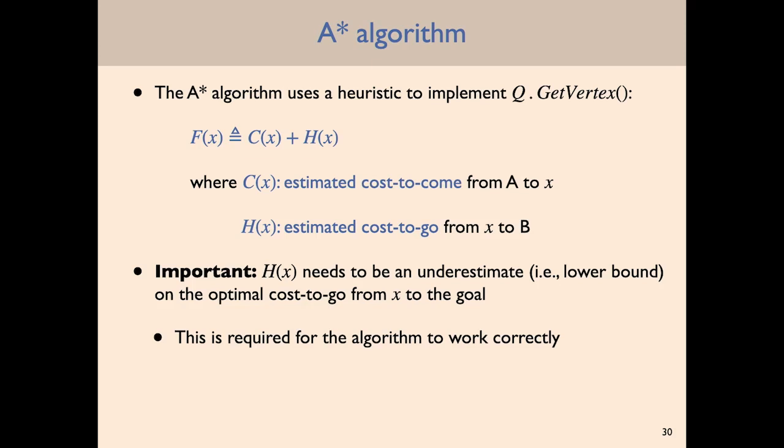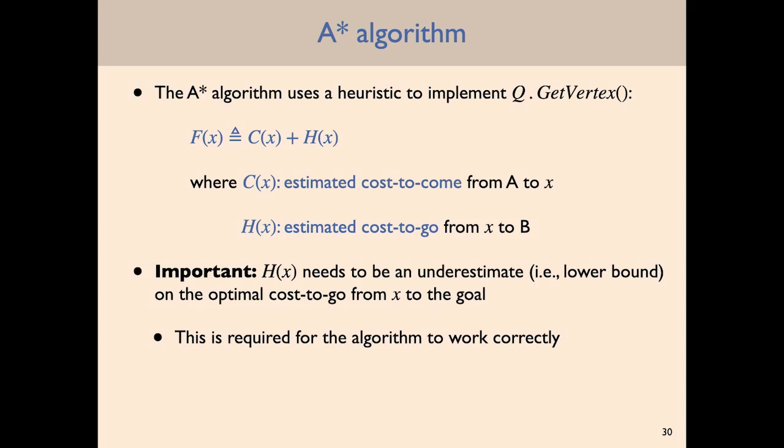Without this, the algorithm is not guaranteed to work correctly, in the sense that it can output something that is not the optimal path from A to B. It just outputs something that is suboptimal. I won't go through this here, but you can construct examples where if h of x is not an underestimate of the optimal cost to go from x to B, then A-star does the wrong thing and gives you a suboptimal path. Just something important to keep in mind.